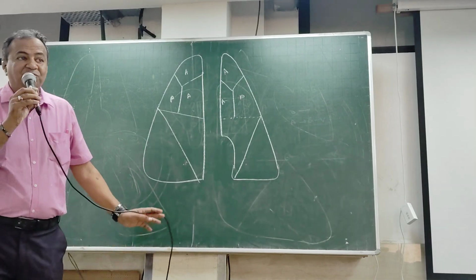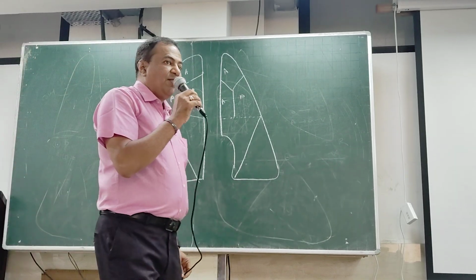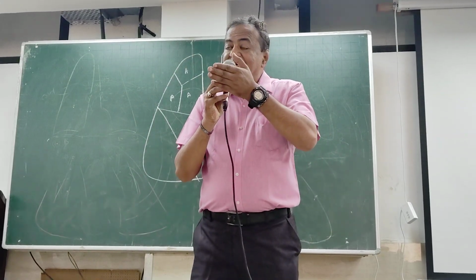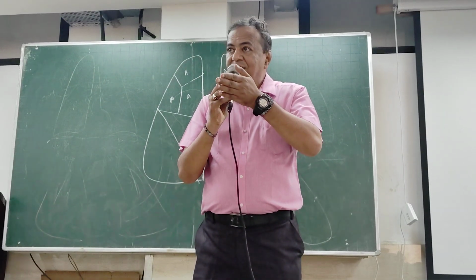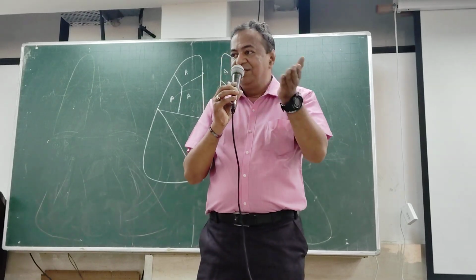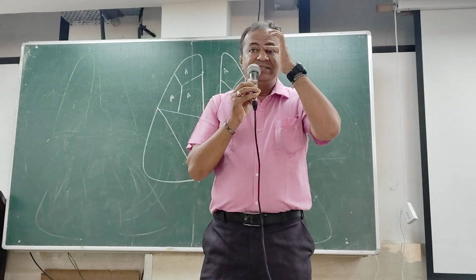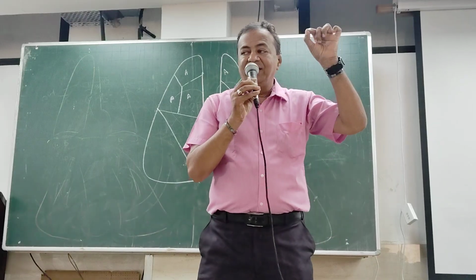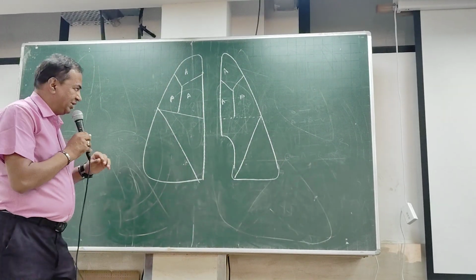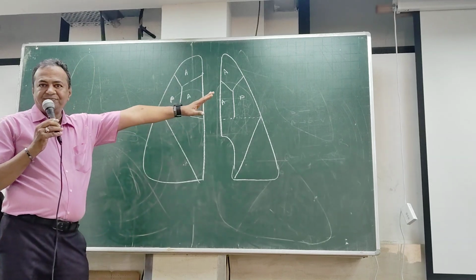Why don't we call it a bronchovascular segment? Because it doesn't have its own vein. It has its own artery, but not its own vein. The veins run between the two segments, so there is no separate vein draining each bronchopulmonary segment. So this is clear till now.